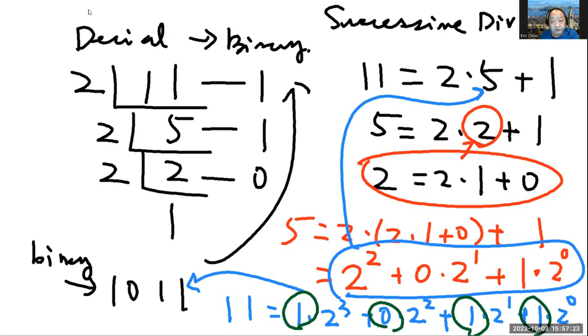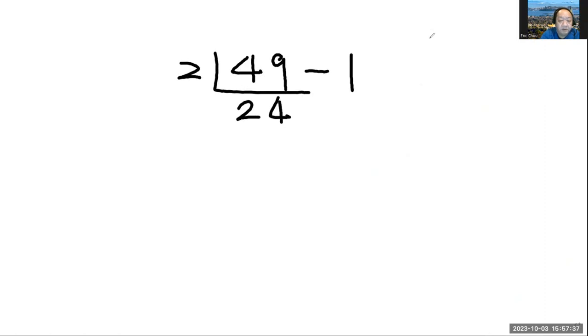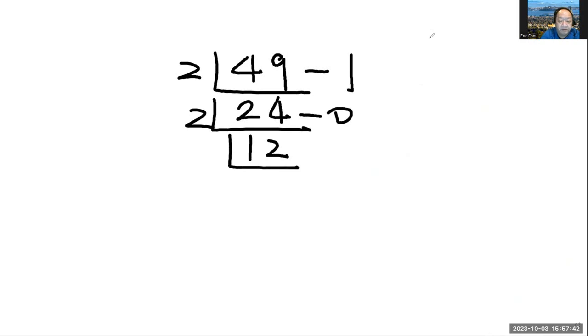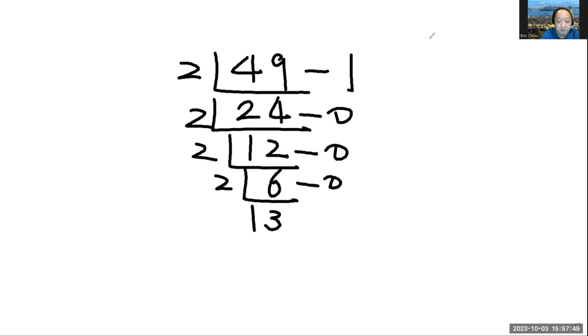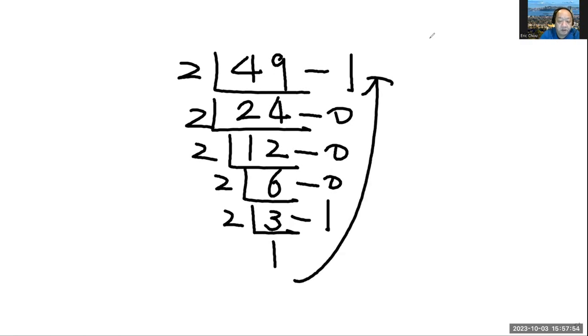Okay, for sure. So this time let's try the number 49. 49 divided by 2 is 24 remainder 1. Divided by 2, 12 remainder 0. Divided by 2, 6 remainder 0. Divided by 2, 3 remainder 0. Divided by 2, 1 remainder 1. From here to here is 1, 1, 0, 0, 0, 1.